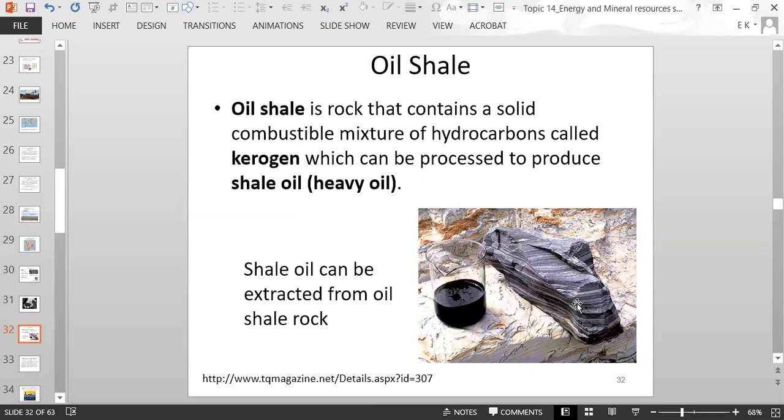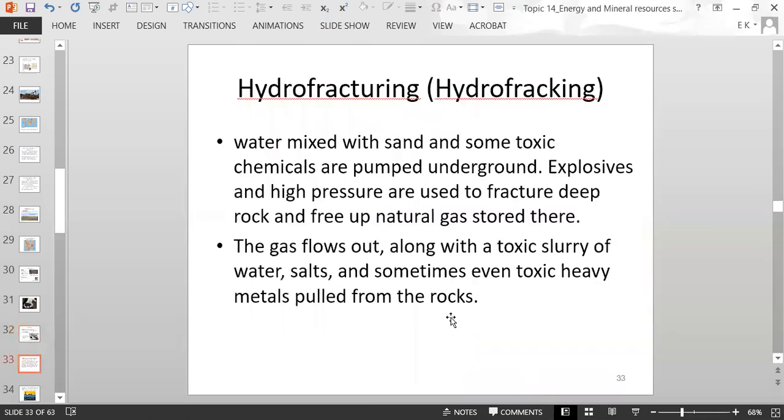And then you process the kerogen out and you can extract oil from it. So these are just different ways of getting hydrocarbons other than just drilling into the ground and pumping it out.